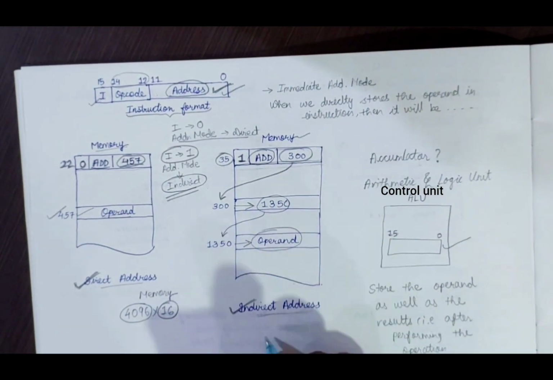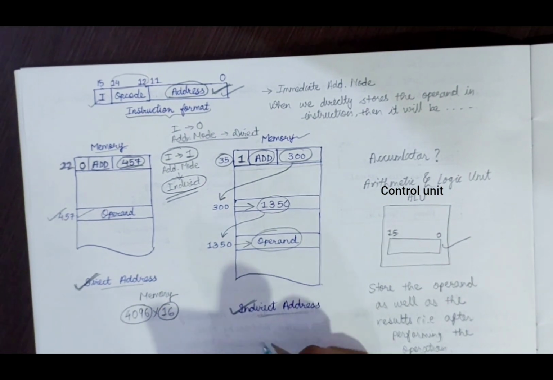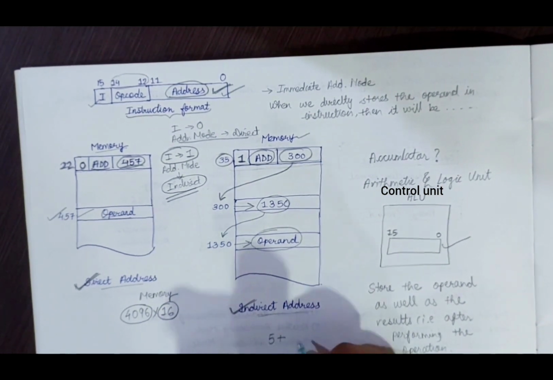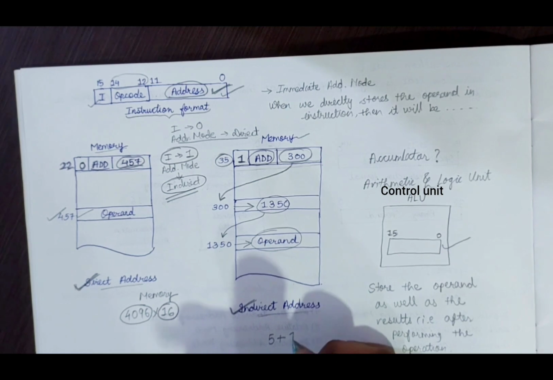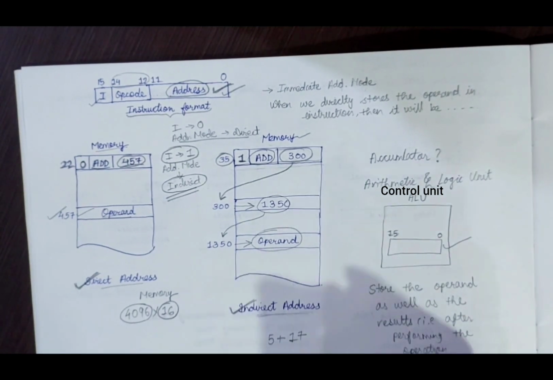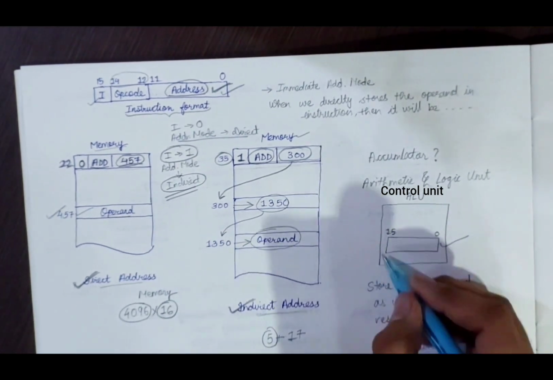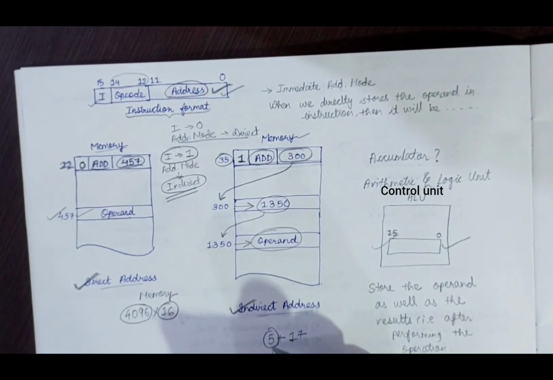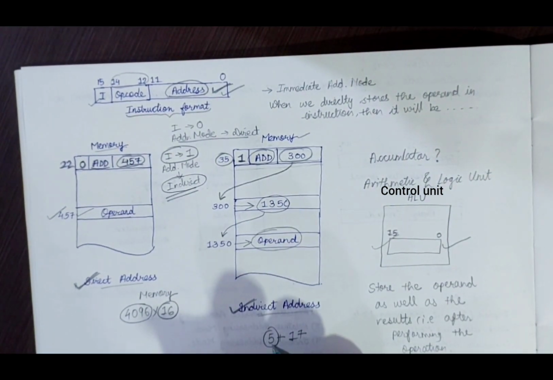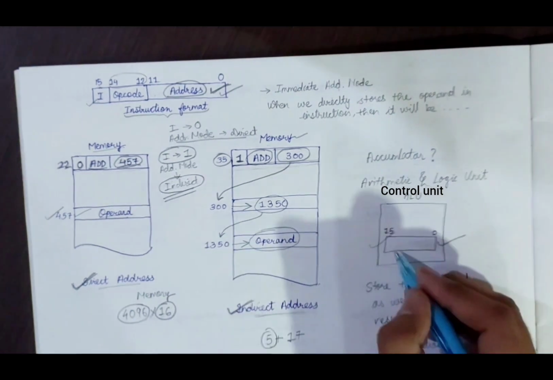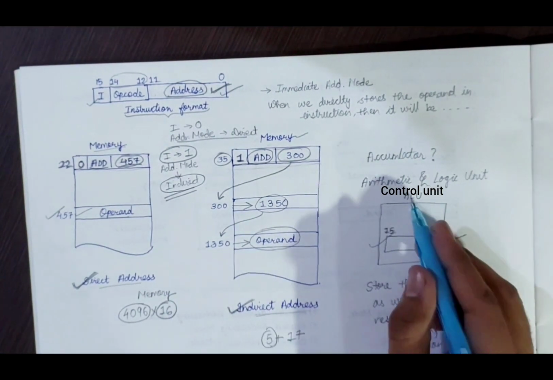When we want to perform an addition operation, let's say 5 plus 17, first of all we have to store the first operand in the accumulator. This operand is fetched from the data memory and stored in the accumulator in the ALU.